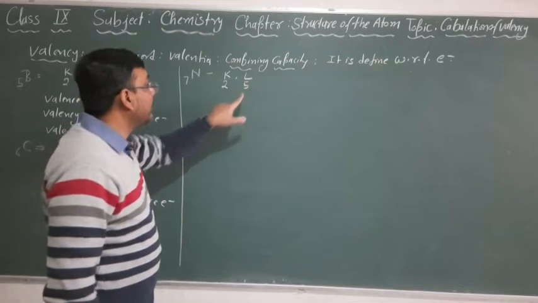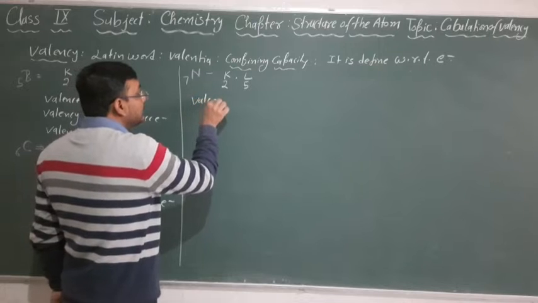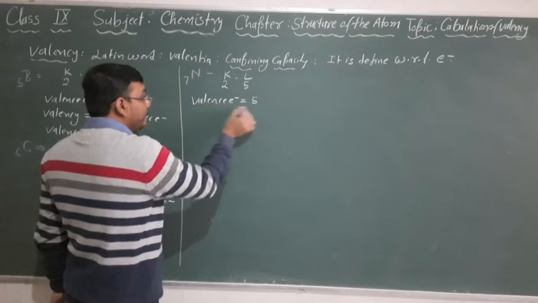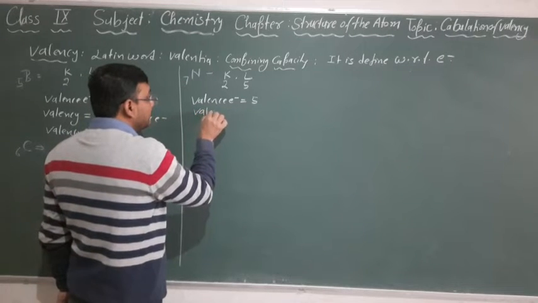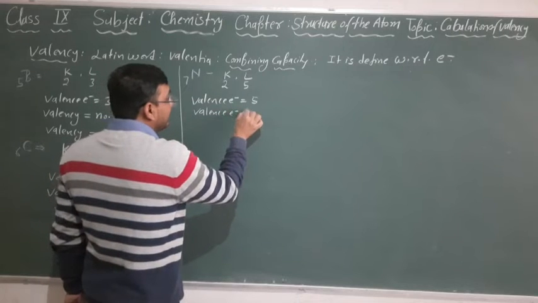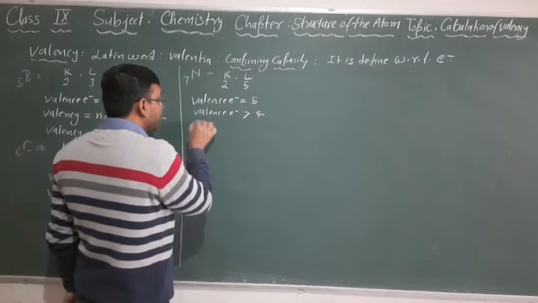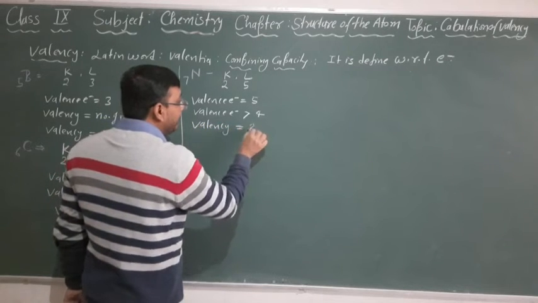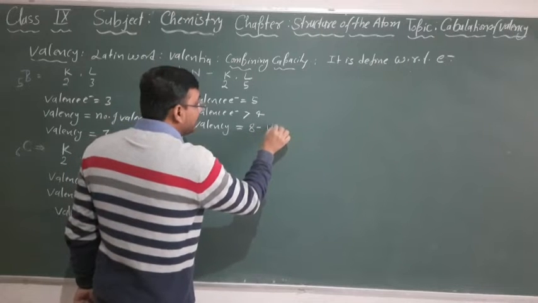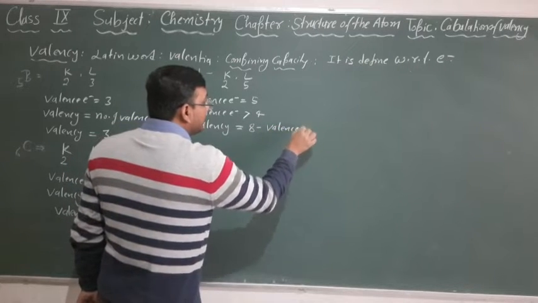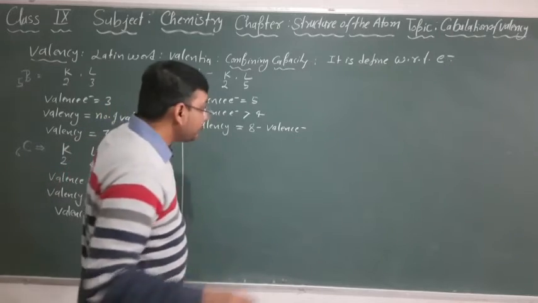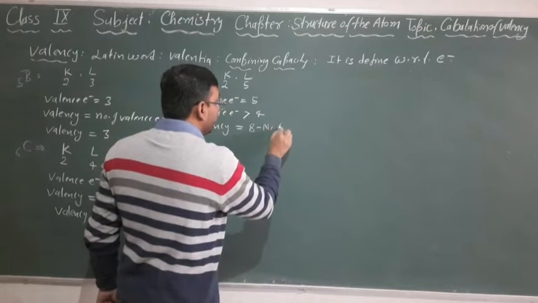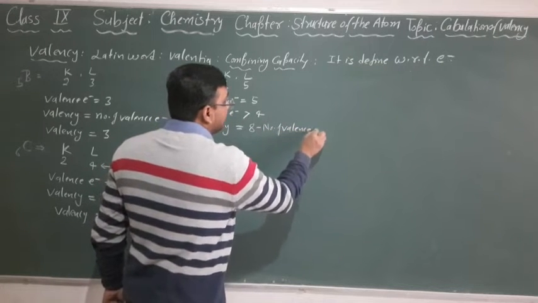So it has 5 valence electrons. Since valence electrons are greater than 4, valency will equal 8 minus the number of valence electrons.